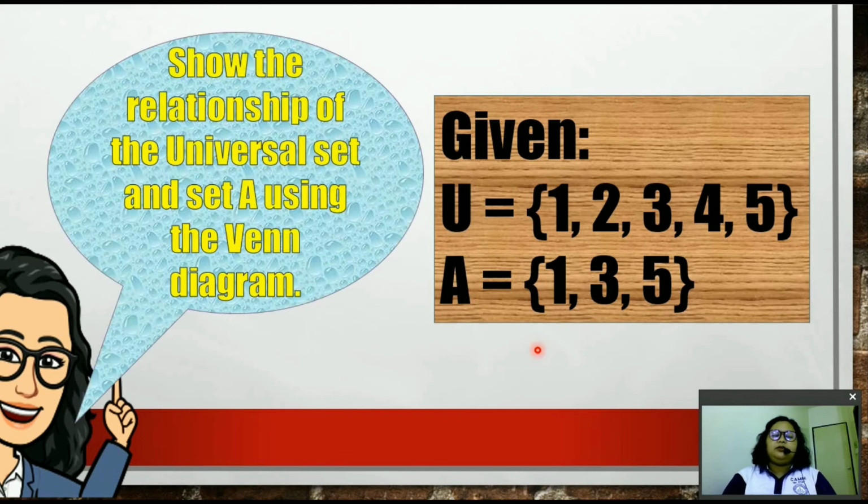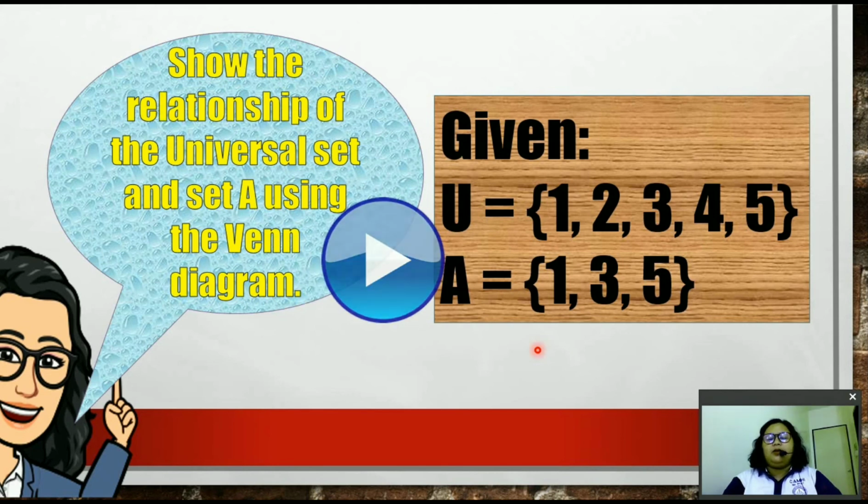So what are we going to do? Show the relationship of the universal set and set A using the Venn diagram. As we all know, if there is a universal set, we are going to use a rectangle, and for this set, we're going to use a circle. I want you to pause the video and show the relationship of the universal set and set A using the Venn diagram.